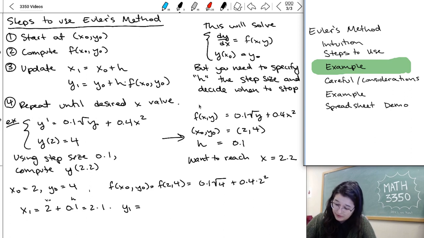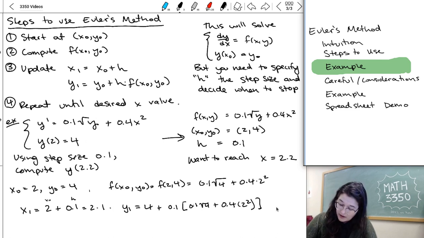It's y0, which was 4, plus h, which was 0.1, times f, which I calculated right there, 0.1 root 4 plus 0.4 times 2 squared. So that was my y0 plus h times f of x0, y0. And I plugged that into a calculator and got that it is 4.18.